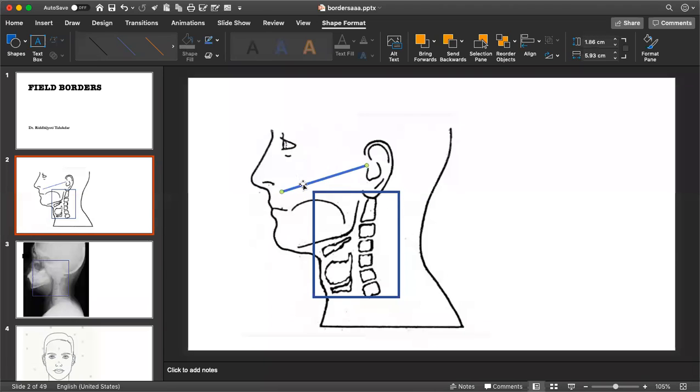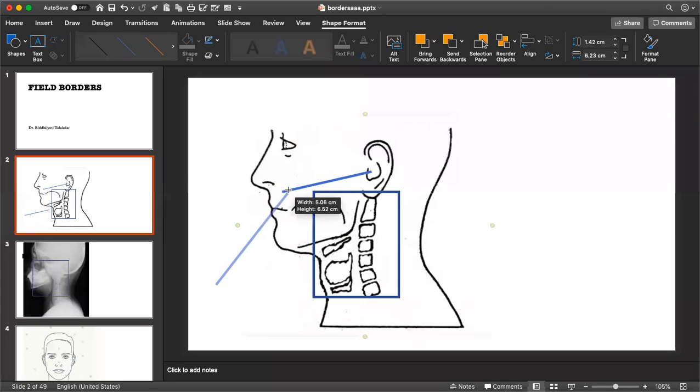Would this be how your superior border looks, from the ala of the nose to the tragus? Yes. Then the anterior border would be a little below? Just a little below. Yes, now you placed it perfectly. Inferiorly it should be just below the clavicle.